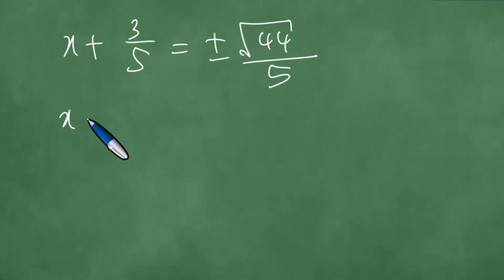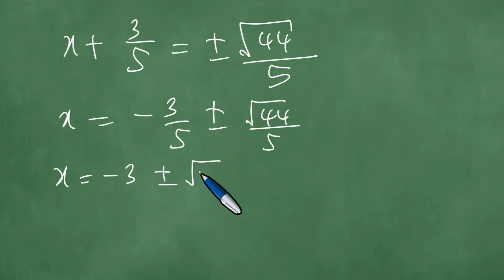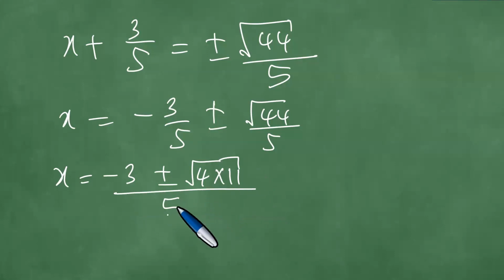Good. Okay, at this point, you transpose the 3 over 5 to the other side, making it negative, like this. Okay, so there's no quick shortcut to this one. So you can write minus 3 plus or minus the square root of 44. 44 is the same as 4 times 11 divided by 5, like so.